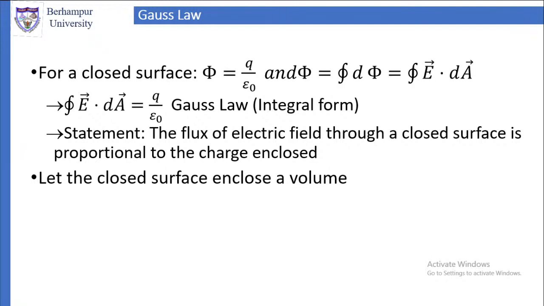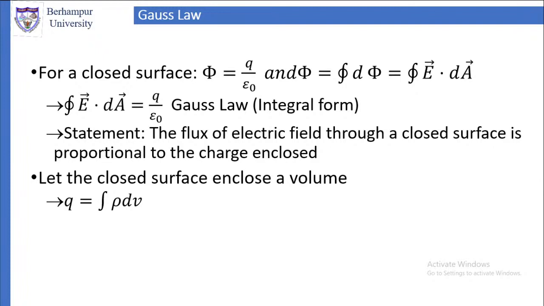Now let us assume that the surface encloses a volume. If the surface is enclosing a volume and within the volume the charge per unit volume is rho, called the charge density, then the total charge within the volume, Q, is equal to integration of the charge density over the elementary volume.